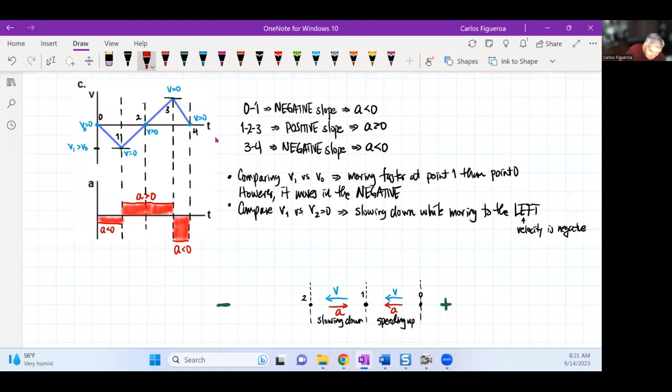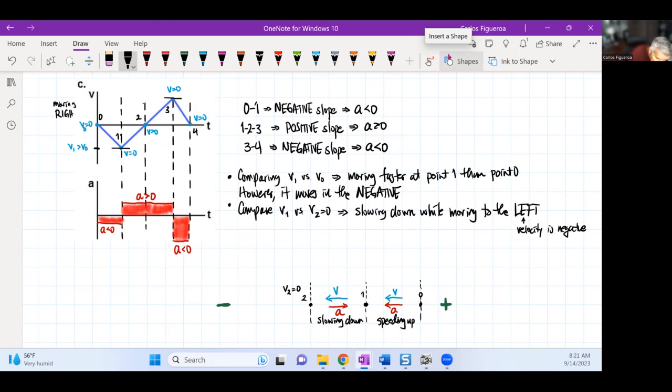So when I get to point 2 here, what you're seeing is that the velocity at point 2 is 0. So what am I doing? Now note, right here, that means if I cross onto the other side, this tells me that if I'm above this, I'm moving right.